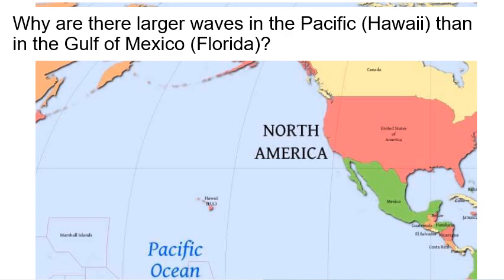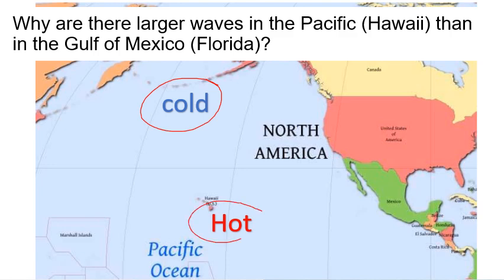First of all, let's look at the Pacific versus the Gulf. The Pacific Ocean has a cold part to it up here. It also has a hot part down here. So these cold and hot air masses meet, and they have different pressures because of the different temperatures, which creates some wind. Now, the Gulf of Mexico, on the other hand, doesn't have a cold part.